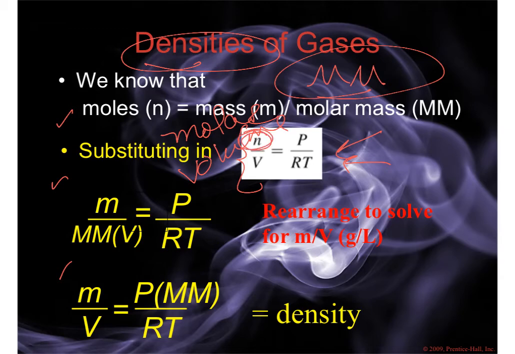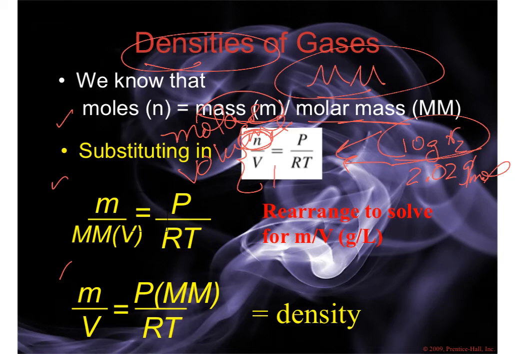How do we typically calculate moles? Well, we take the mass of something and divide it by the molar mass, right? So if you have 10 grams of hydrogen gas, for example, and you want to know how many moles, you take that mass and divide it by the molar mass of hydrogen gas, which is 2.02 grams per mole, right? So that's how we get moles.